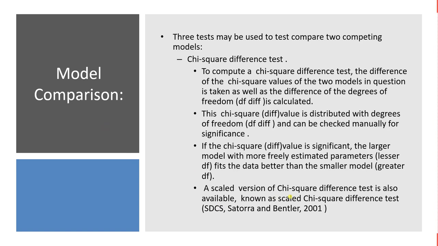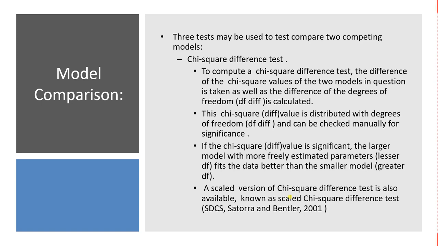I am just summarizing that the chi-square difference test involves examining the difference of the chi-square values associated with the two models, the one model from which the subset has been derived. So the chi-square of the bigger model minus the chi-square of the smaller model, associated with the smaller DF. That will result in the chi-square difference, delta chi-square.